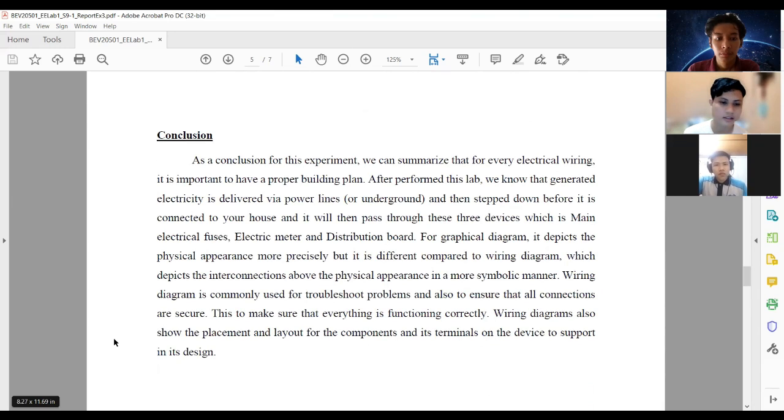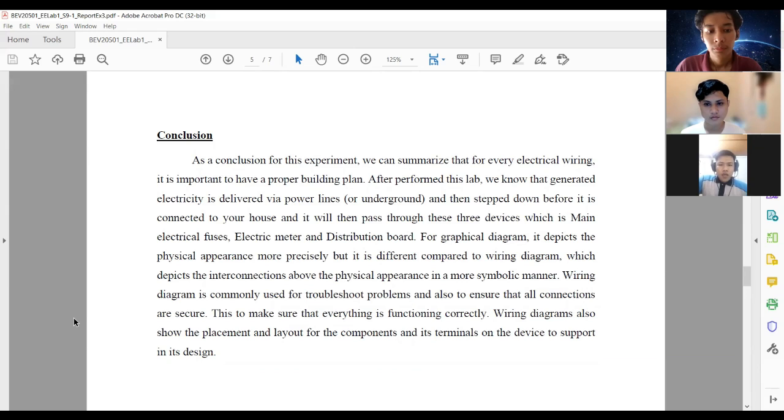The last is the conclusion. As a conclusion for this experiment, we can summarize that for every electrical wiring, it is important to have a proper building plan. After we performed this lab, we know that generated electricity is delivered via power lines or underground, and then stepped down before it is connected to our house, and it will then pass through three devices, which are the main electrical fuse, electrical meter, and distribution board.